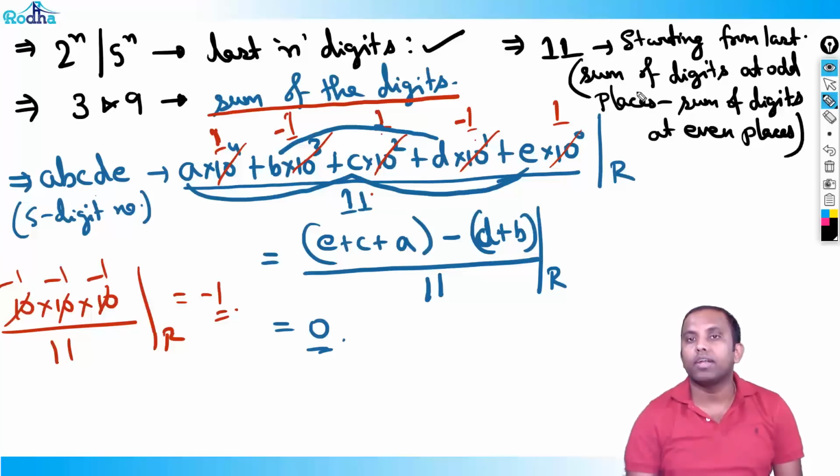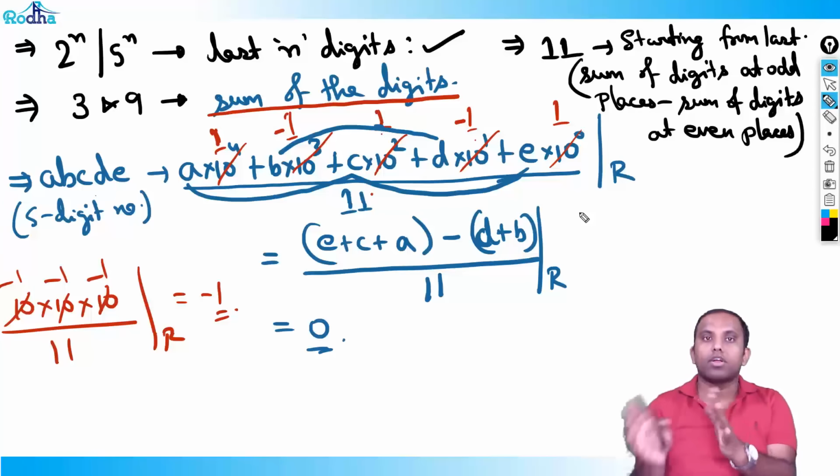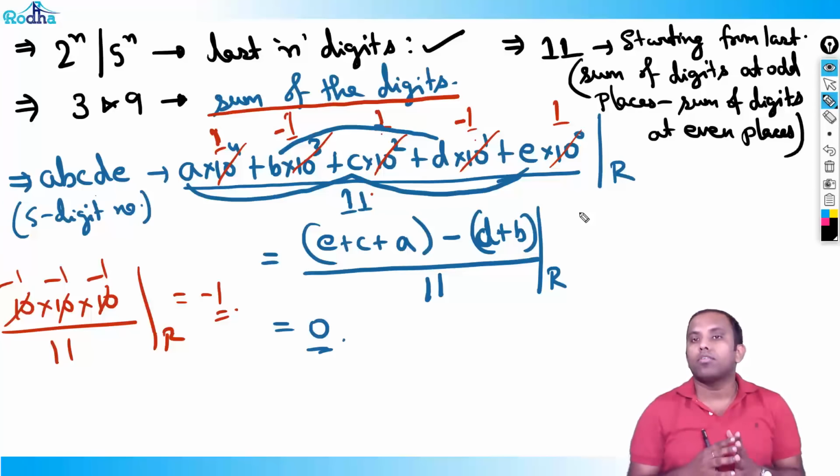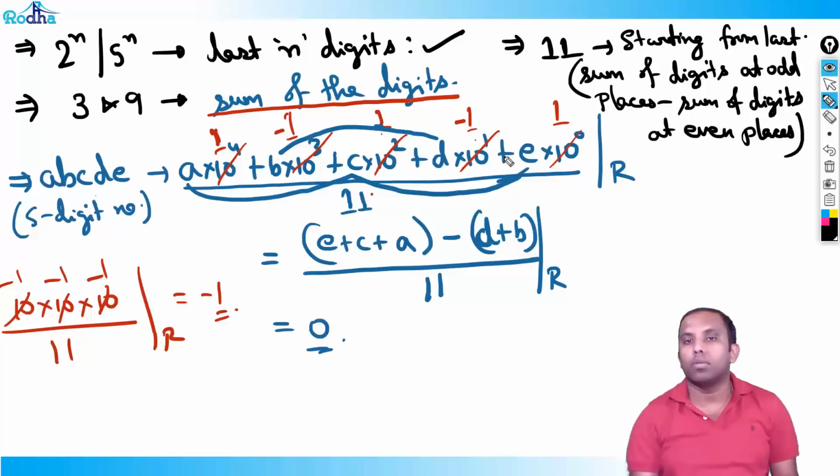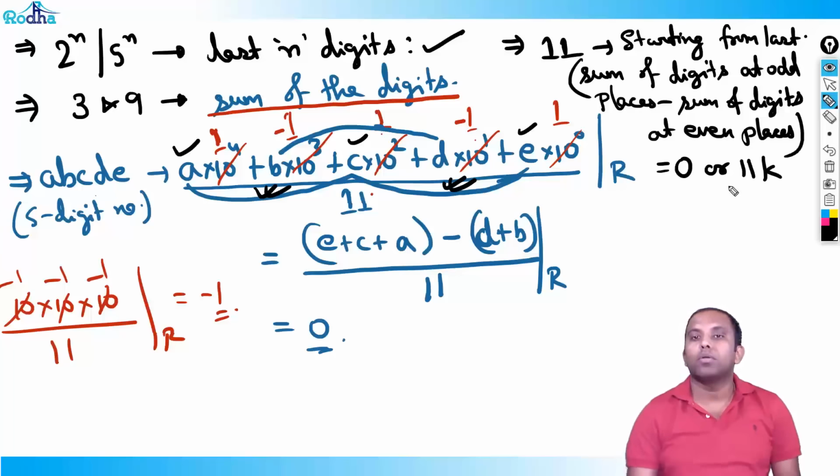This is the rule for 11, right? Starting from last means the last digit I have to count as 1. So the sum of the digits at odd places, 1, 3 and 5, minus the sum of the digits at even places, that is 2 and 4. Now this should be either 0 or of the form 11k, because if it is 0 or 11k, then only by dividing by 11 will I get remainder 0. That means the number is divisible by 11.